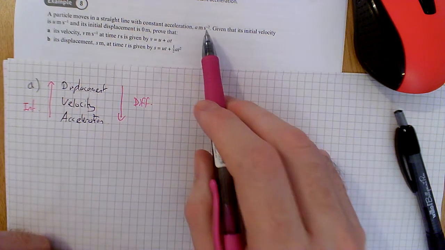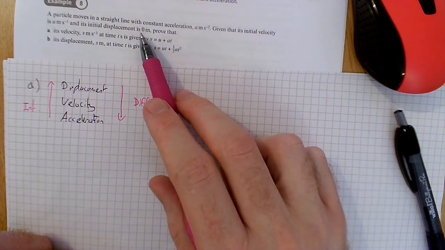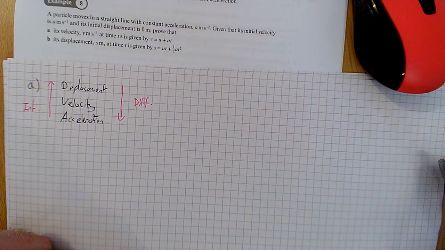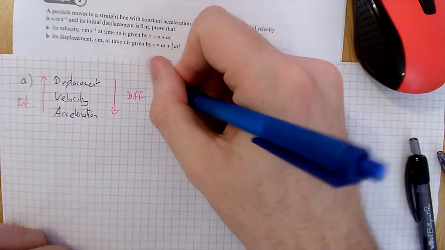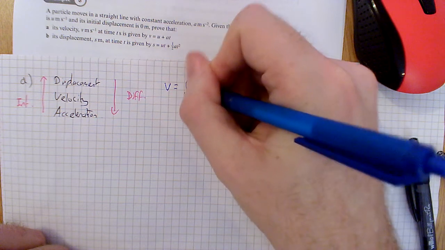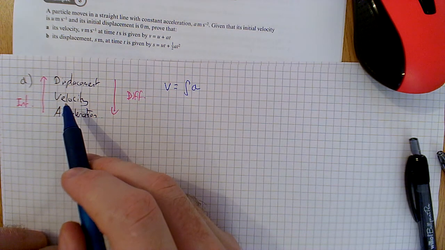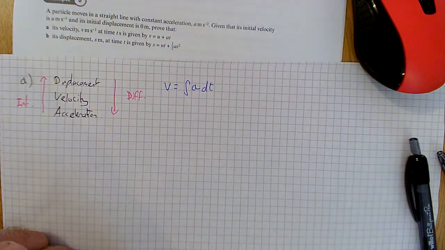It says there's constant acceleration a, initial velocity u, and initial displacement 0 meters, and it asks us about the velocity and then the displacement. So we're going to start off by writing down that the velocity is equal to the integral of the acceleration, right? That's what we've been doing the whole time. If we've got acceleration, we want to get back to velocity, and our variable is always t, so it's dt, with respect to t.